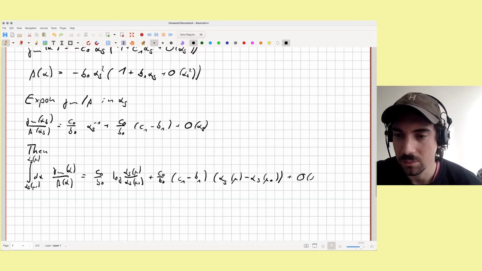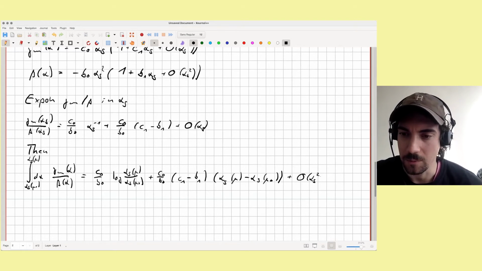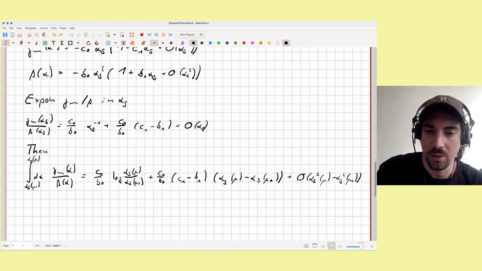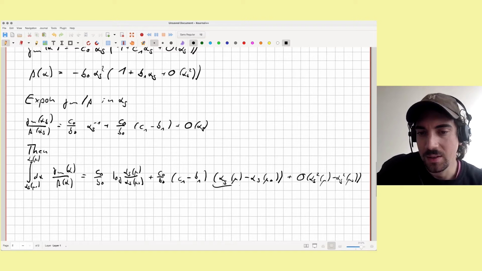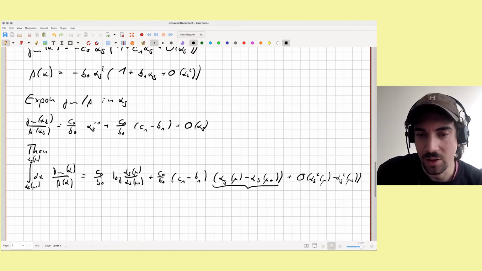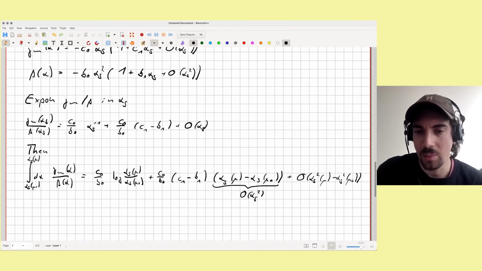So, okay, and so here we can already use that, well, I'm not really using it, but we note that this here is actually of order alpha s squared, because the strong coupling at one scale differs from the strong coupling at another scale by terms of order alpha s squared.